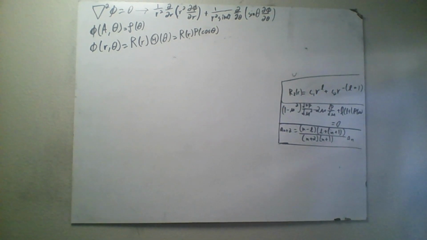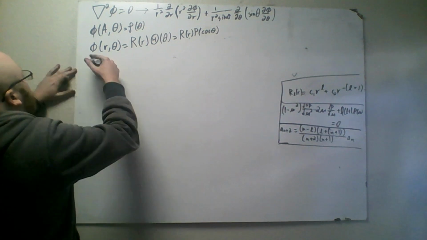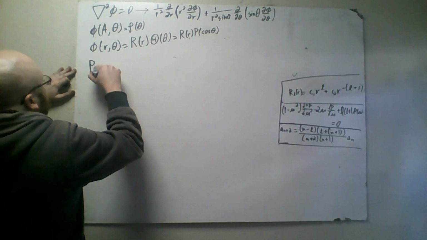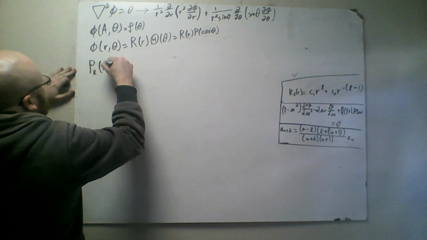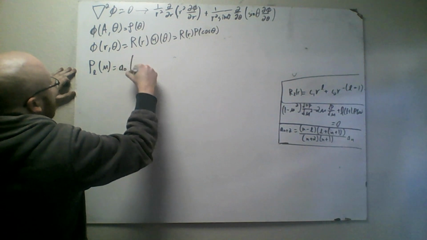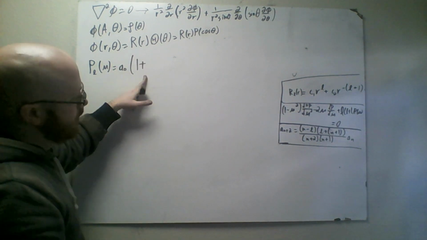So now, this equation is pretty cool, but there's a bit of a problem. Let me write out the full polynomial here real quick. Not the full one, but P_L as a function of mu would be equal to some A0 times 1, right?